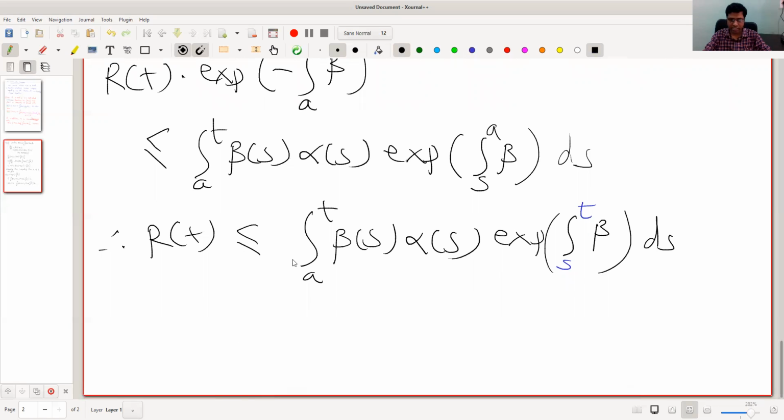So r of t is less equal integral from a to t beta of s alpha of s e raised to integral from s to t beta ds. Okay.